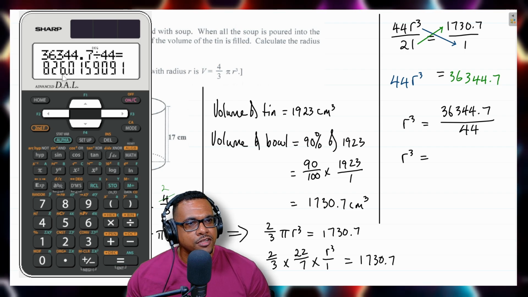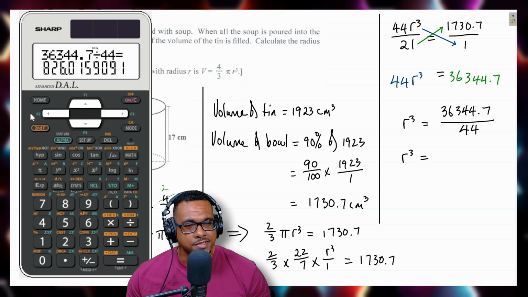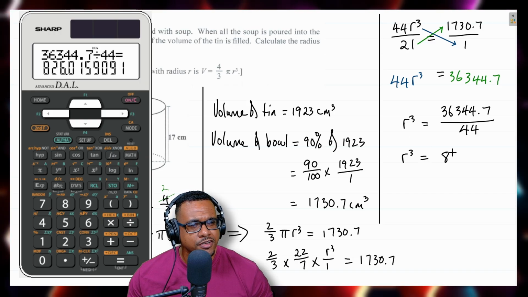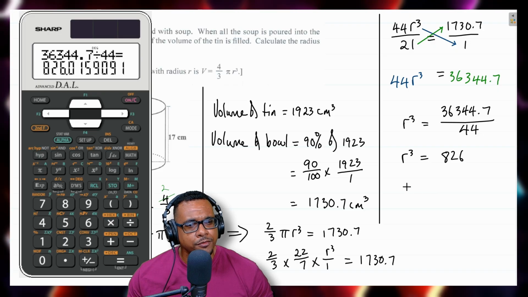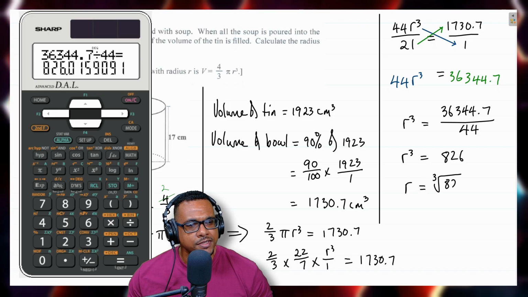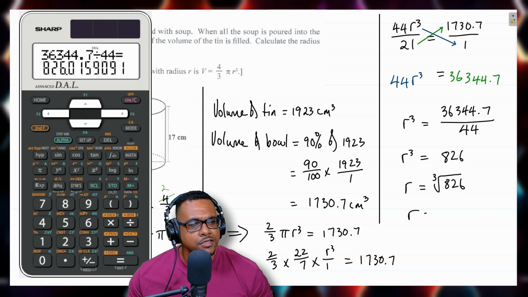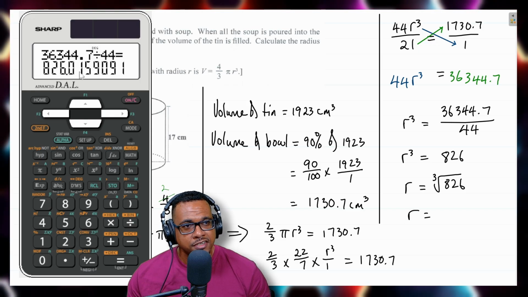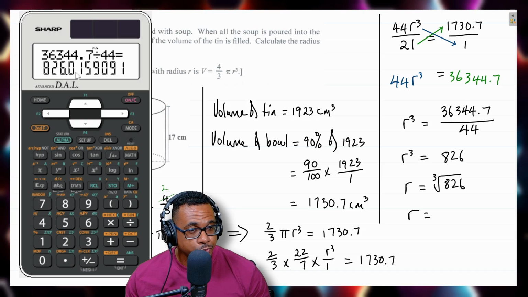Press equal. So we get 826.0 so forth. So let's write this as 826 to three significant figures. And therefore R would just be the cube root of this 826. Since I have the answer already on the calculator, I can just press cube root one time.